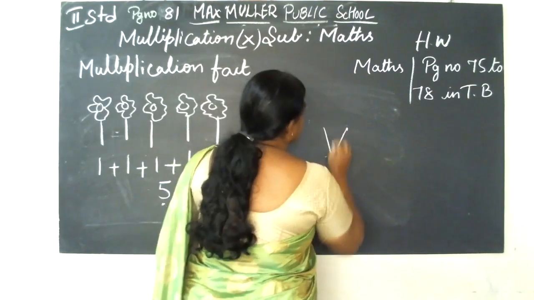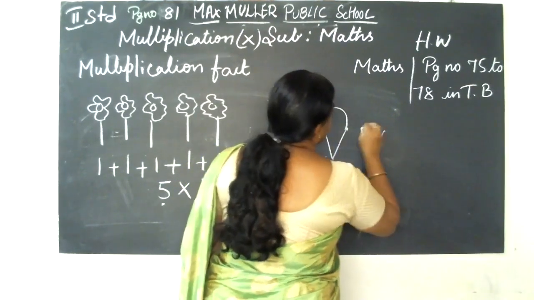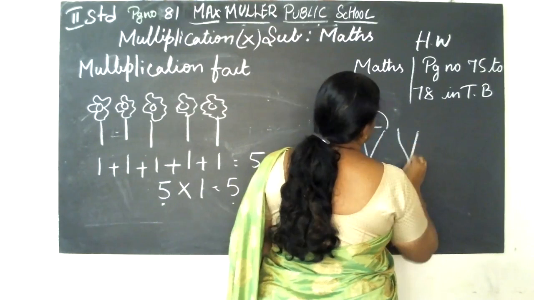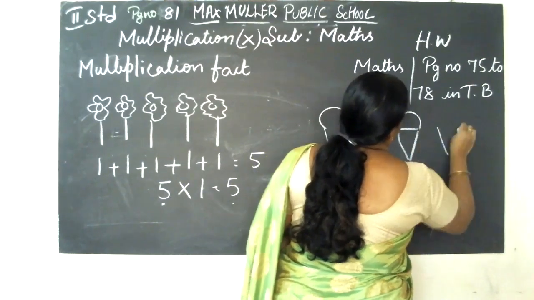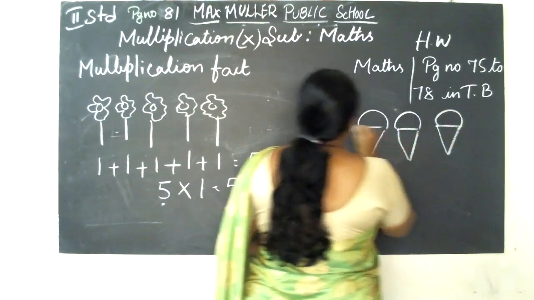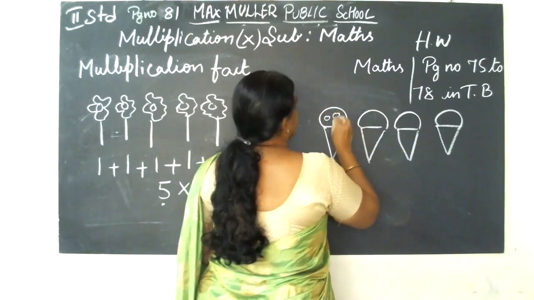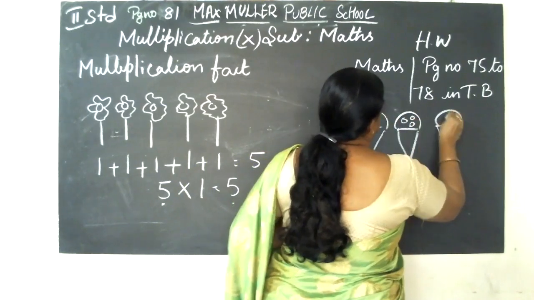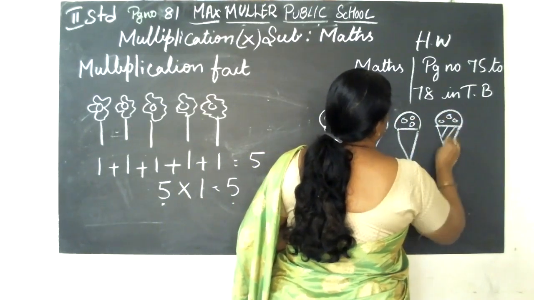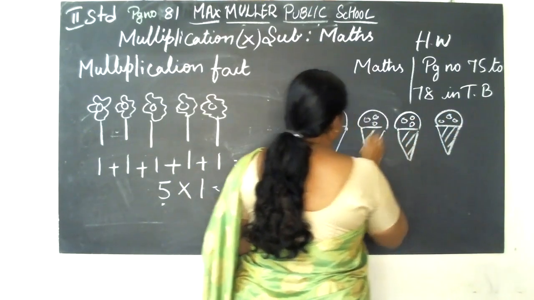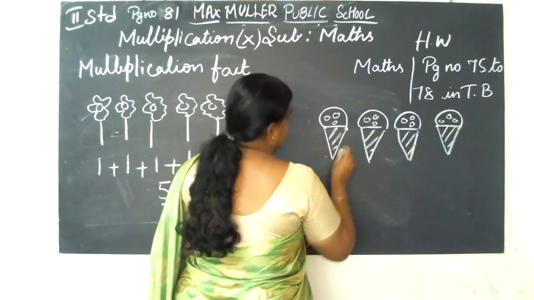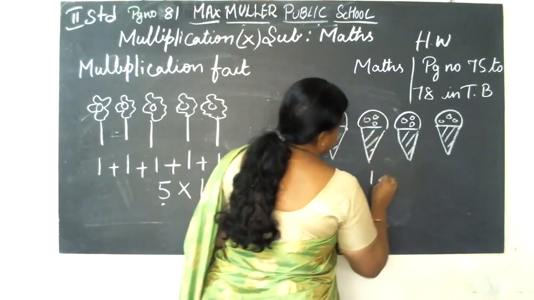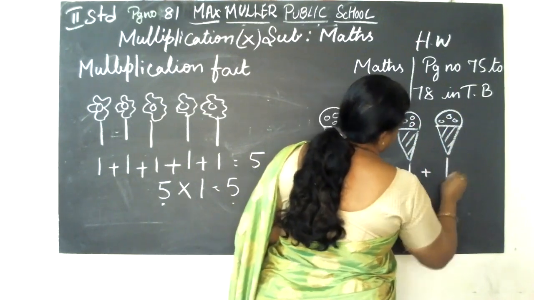Here 4 ice creams are there. See, here 1, here 1, here 1, here 1.